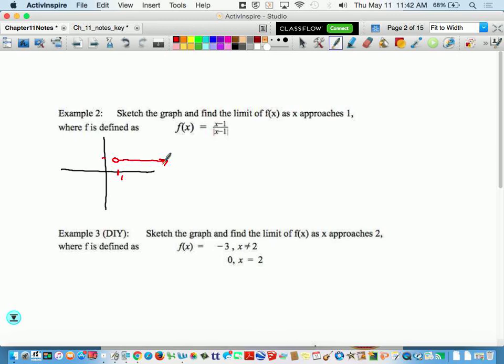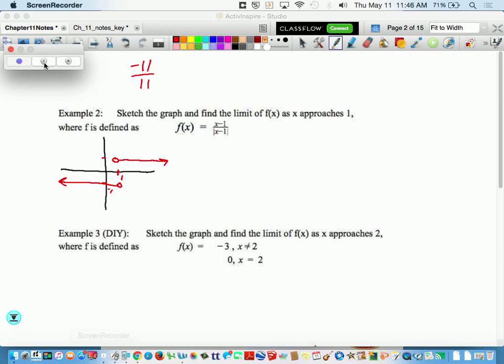But when you put negative numbers in there, like negative 10, you get negative 11 on top. What's the absolute value of negative 11? So I get negative 11 on top and a positive 11 on the bottom, and what do you get? Negative 1s, right? So that's down here. That's the graph.